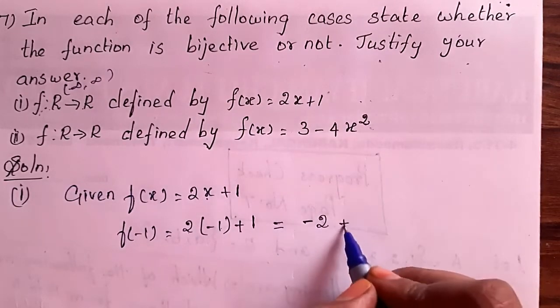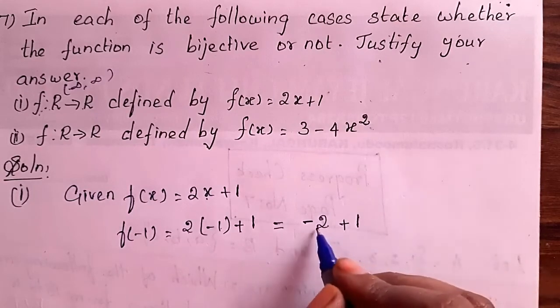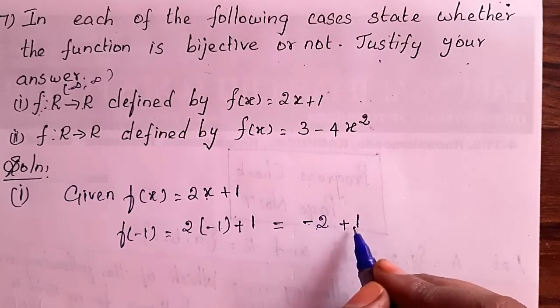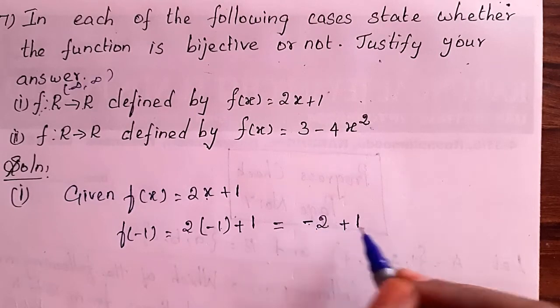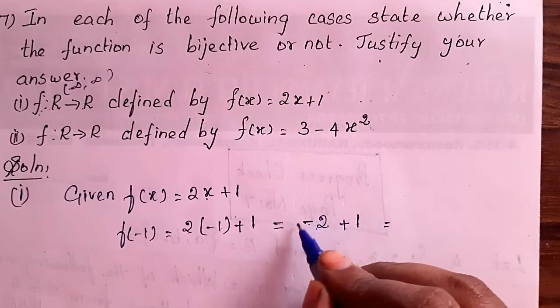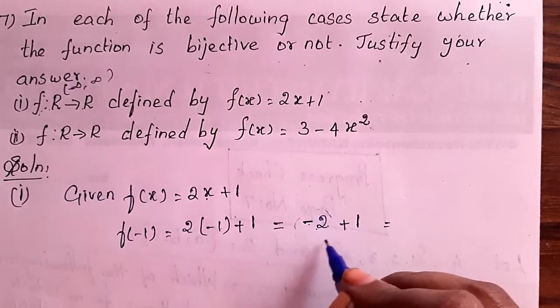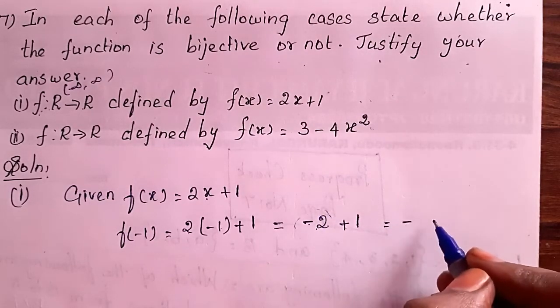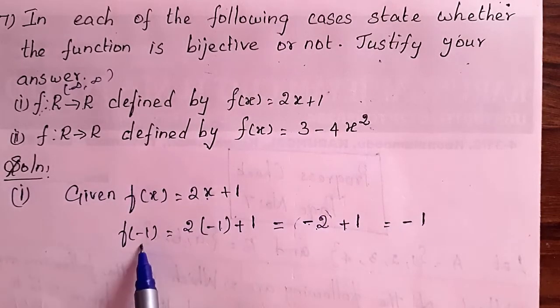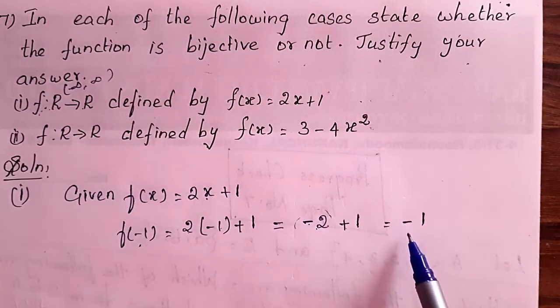Also plus 1. So minus 2 plus 1. What will you get? One is a positive number, the other is a negative number. So you have to subtract and put the sign of the bigger number. The bigger number is 2. It has the sign minus. Your answer is -1. So -1 goes to -1.